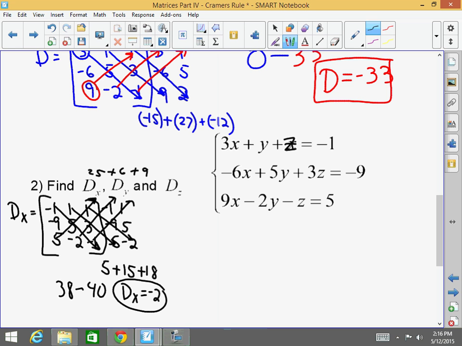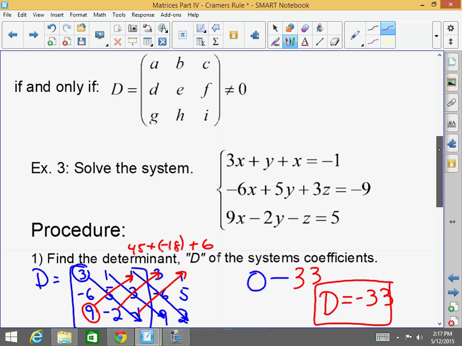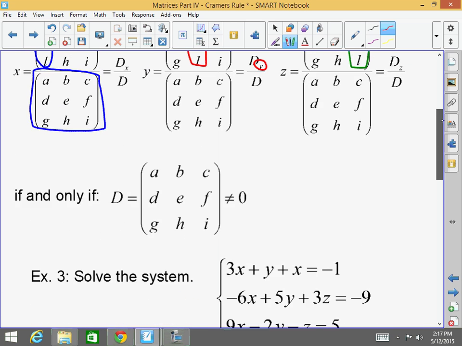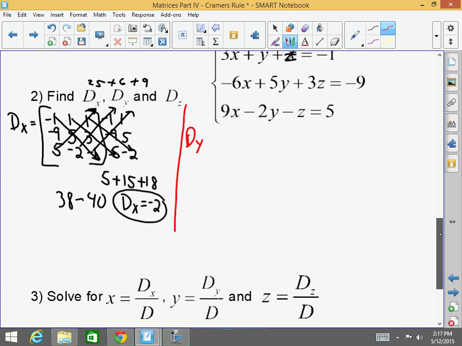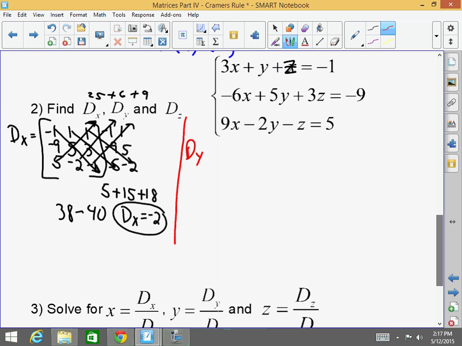Are you guys with me here? I know this is not as fun as going out and having a good time, but it's not that bad, is it? Now to find my dy. My dy, I'm simply going to replace my jkl with the coefficients of y.